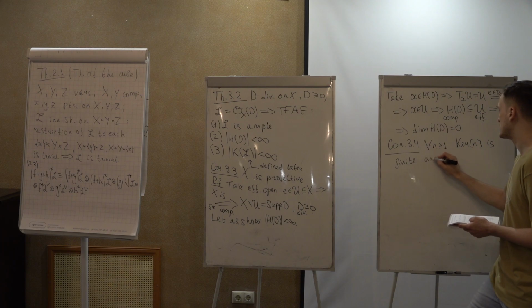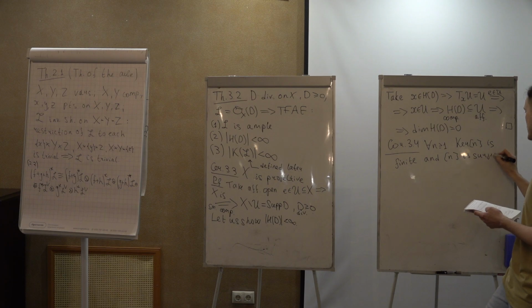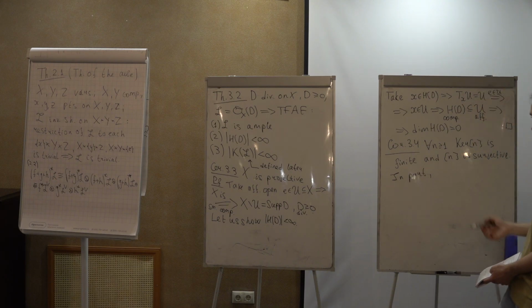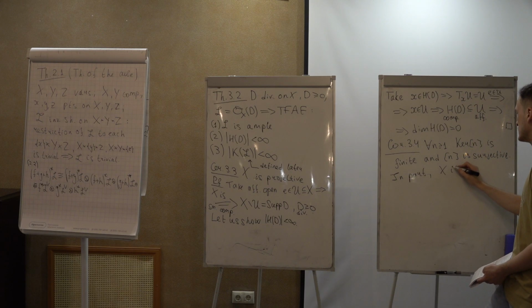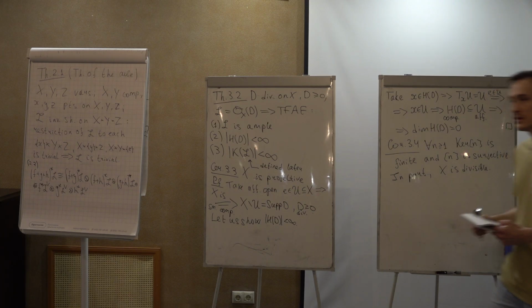The kernel is finite and n is surjective. So in particular, X is a divisible group, which means that for any element we can take its nth root. For any element and any n, we can take its nth root, and this exactly means that this map is surjective for every n. In the additive notation, you just can divide by n.